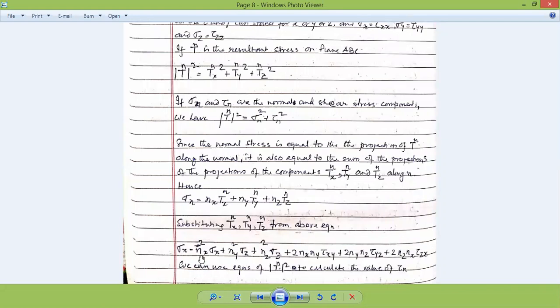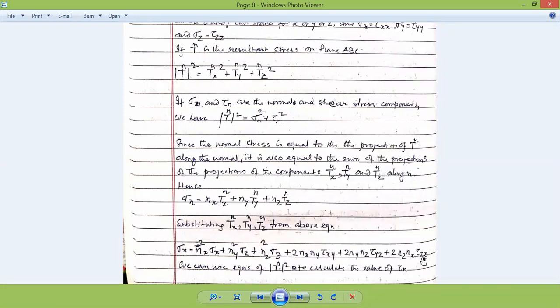Sigma n is equal to nx squared sigma x, plus ny squared sigma y, plus nz squared sigma z. And plus 2 nx ny tau xy, plus 2 ny nz tau yz, plus 2 nz nx tau zx.